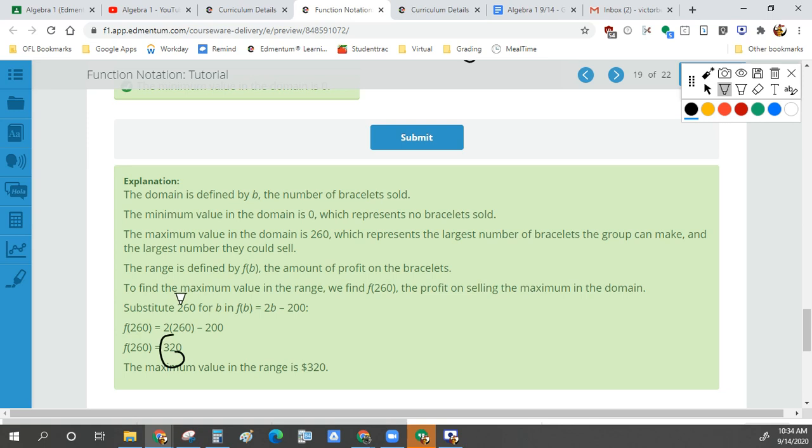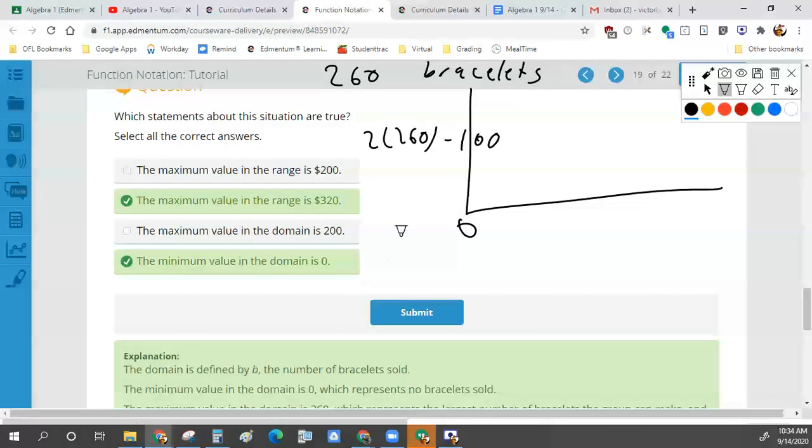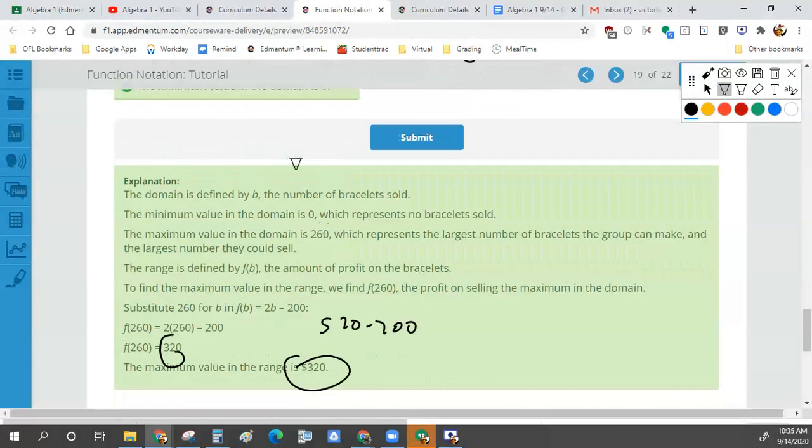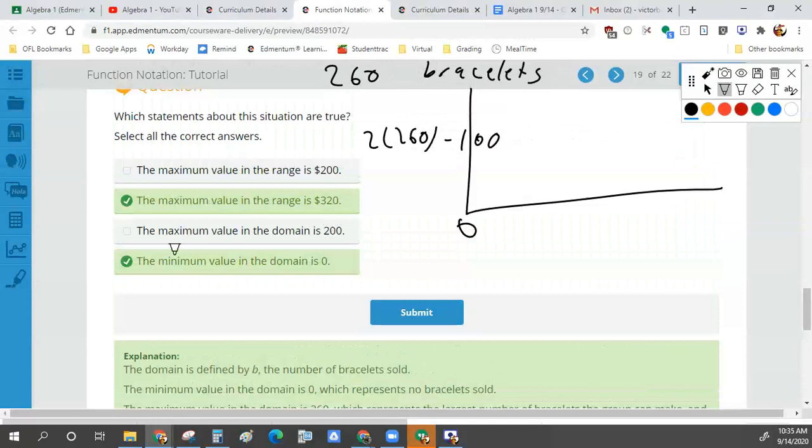That's how we get this. So after we multiply this out, we would get 520 minus the 200. Our highest value in our range is 320. Our domain is anywhere from 0 to 260. Since 260 is not this, we can't answer that one, but we can answer our maximum.